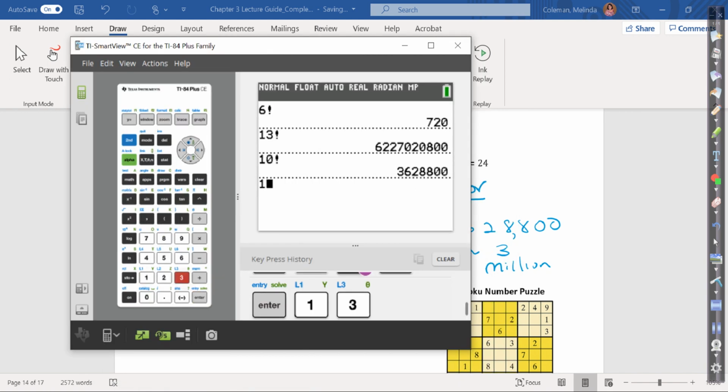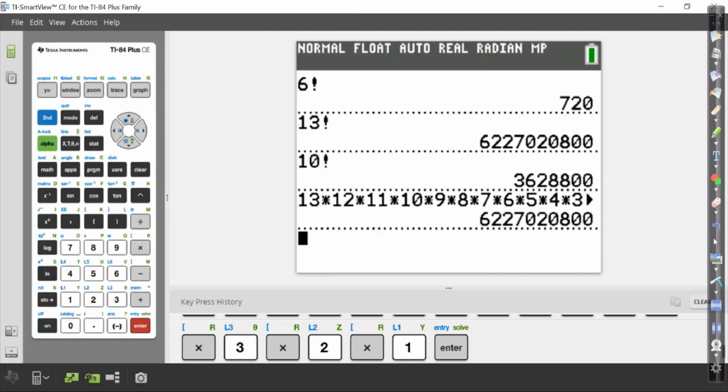So 13 times 12 times 11 times 10 times 9 times 8 times 7 times 6 times 5 times 4 times 3 times 2 times 1 equals, and you'll see that it's 62270200800. You can use the button. It's much better to use that button, but I know sometimes we forget where it's at.